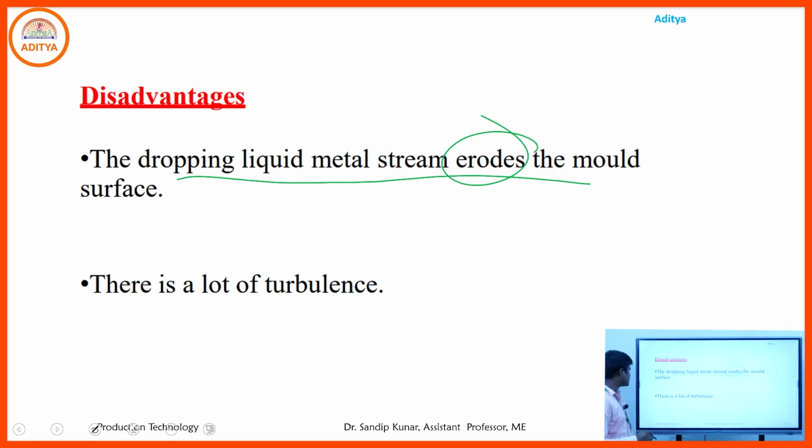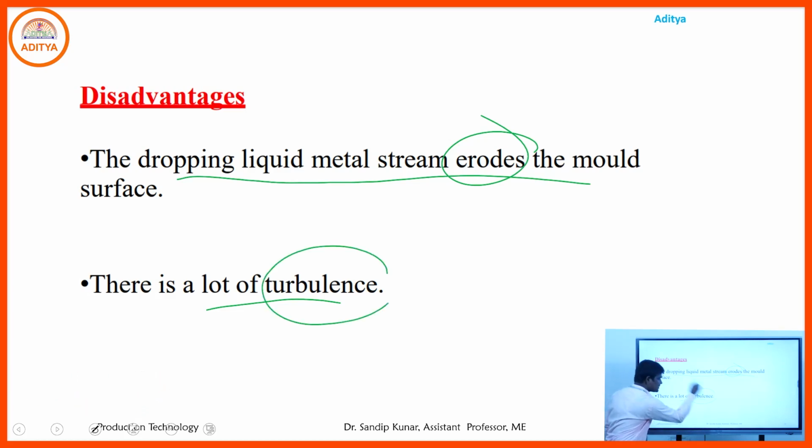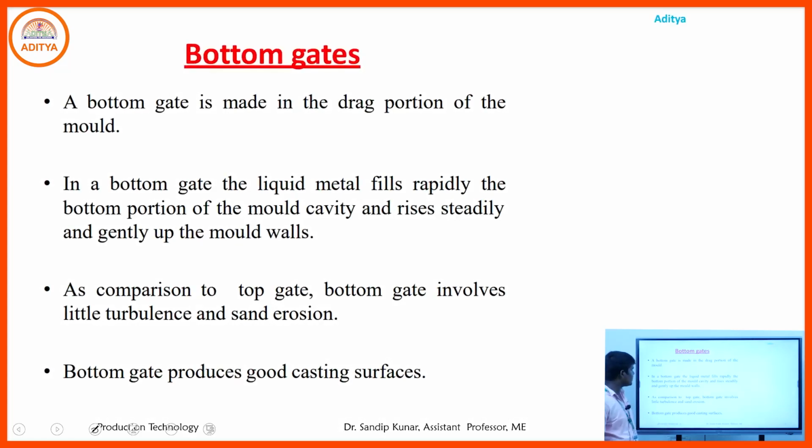So we avoid turbulence. Always avoid and remove the turbulence effect of the flow of the molten metal through the top gate. A bottom gate means that the gate will be made at the drag portion.